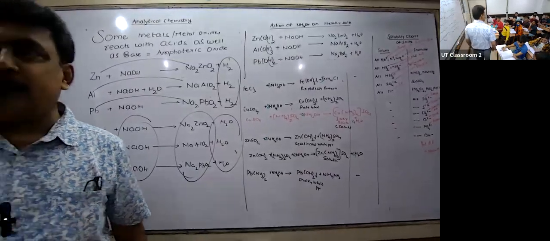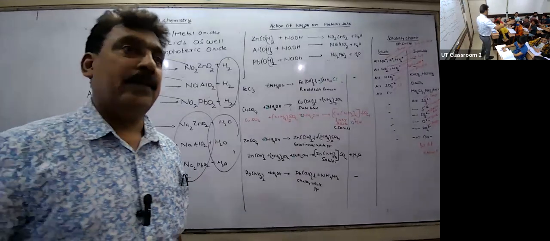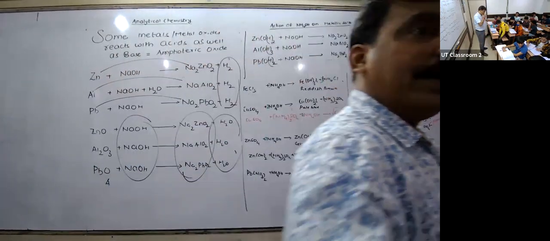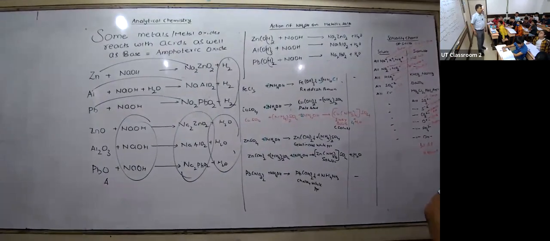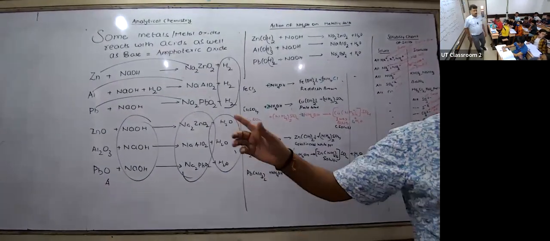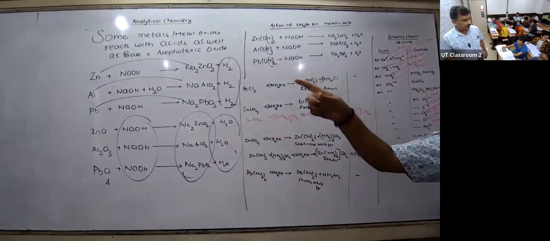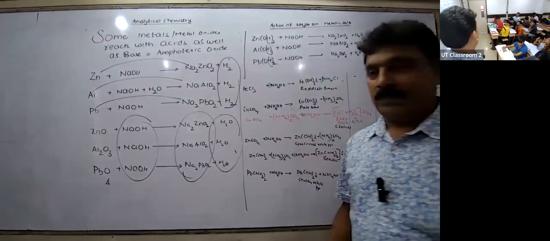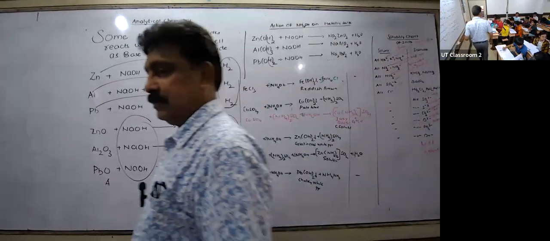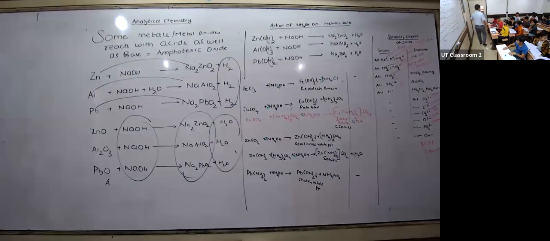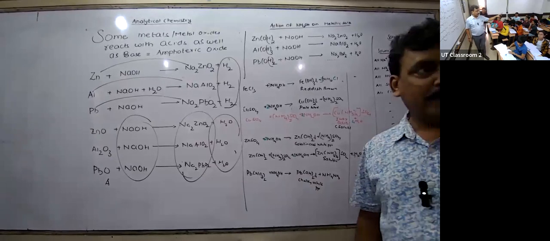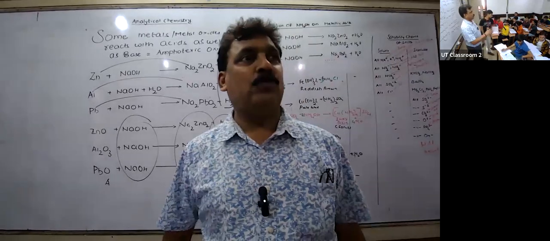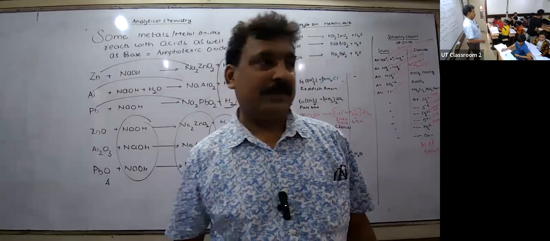नाउ फर्स्ट बैलेंस द रिएक्शन, ऑल ऑफ यू. Okay. Only 2 answers only you write, not all of them. 2 answers, 2020-21 and 2019-18. Bas.